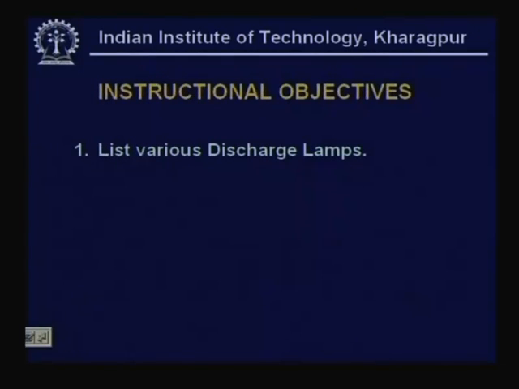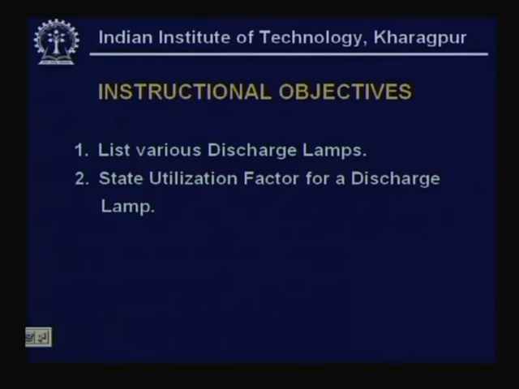They are the ability to list various discharge lamps and state the utilization factor for a discharge lamp. In respect of the utilization factor, we looked at in the last lecture that there is a relationship between the sensitivity of the eye and the radiation ability.